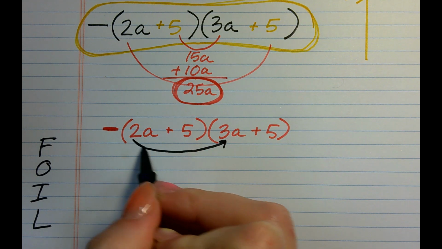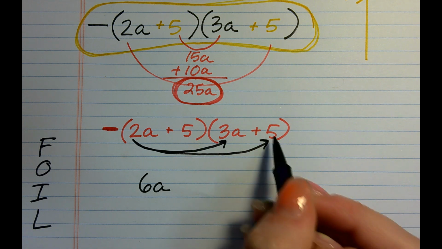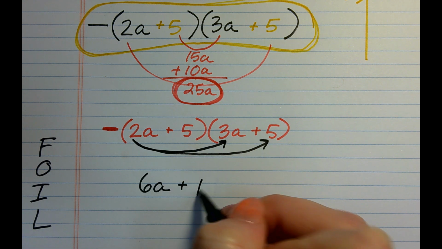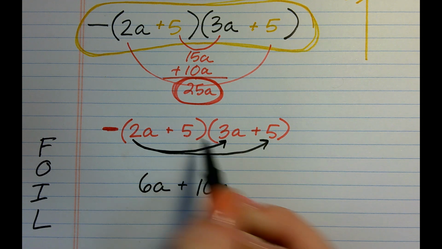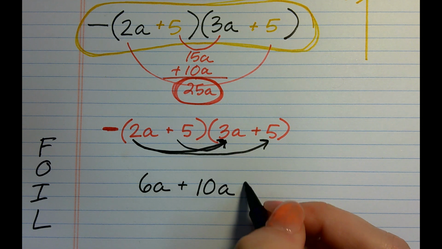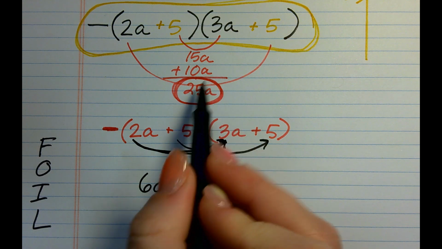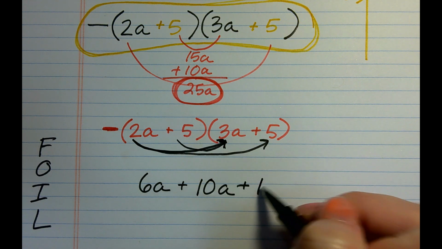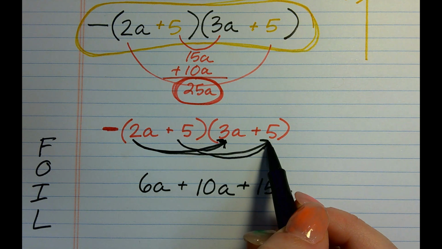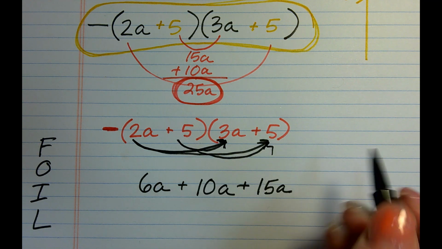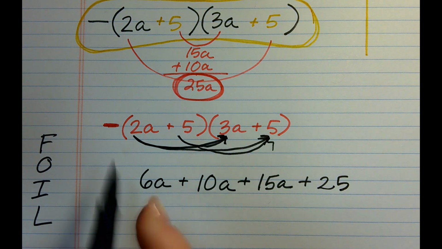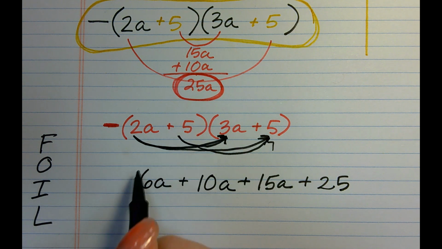Now let's do the outer terms. 5 times 2A, that'd be 10A. My inner terms, 5 times 3A, 15A. And my last terms, 5 times 5, 25. And we still have that negative.